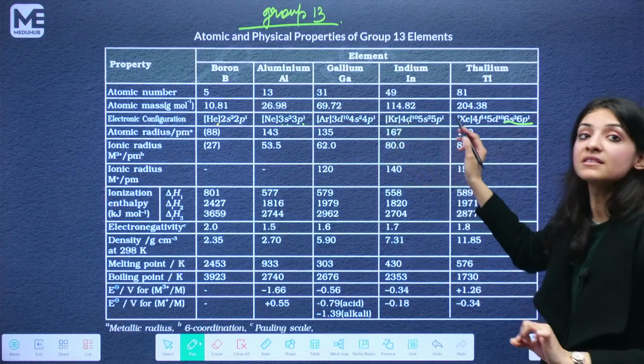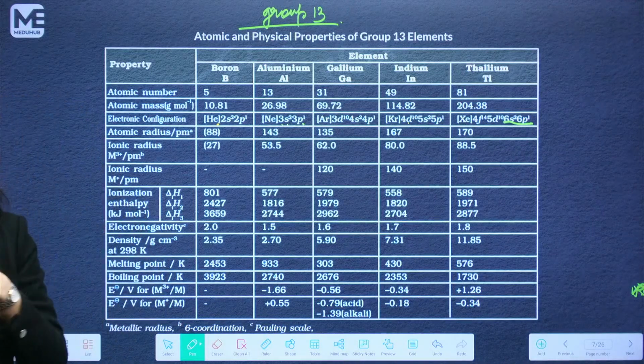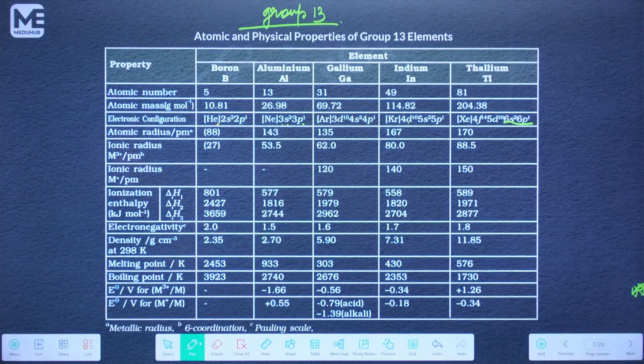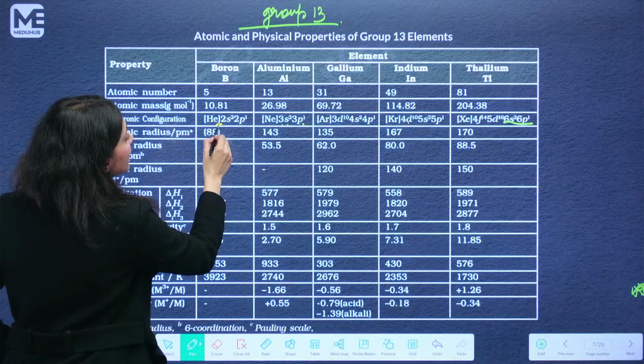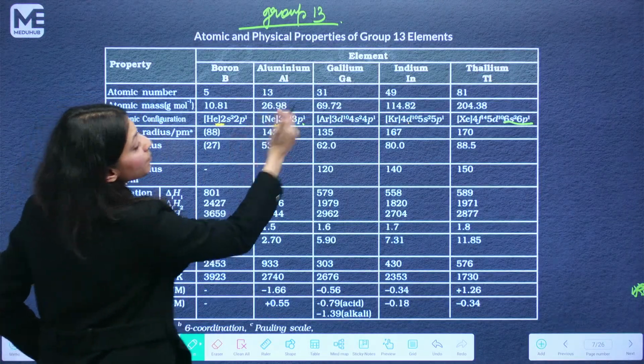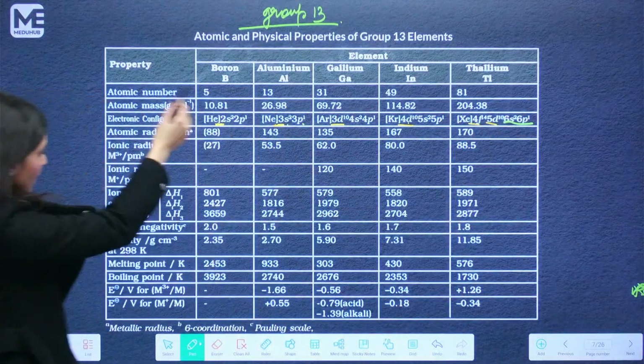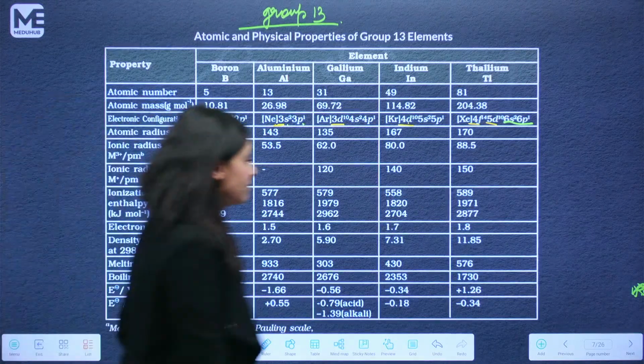Because of this difference in electronic configuration, a lot of properties of group 13 elements differ because of this inner core of electrons. Here there is no 3d or no d electrons in both these cases, but here we have 3d, 4d, 4f and 5d, and all the other properties we will discuss one by one.